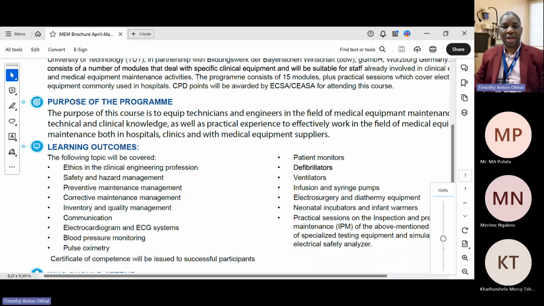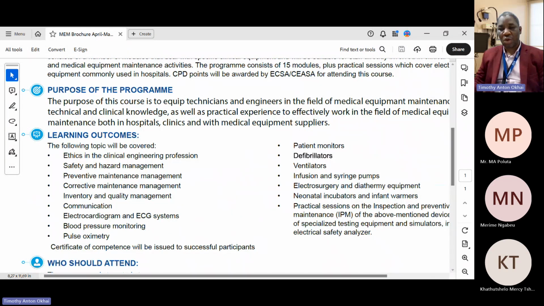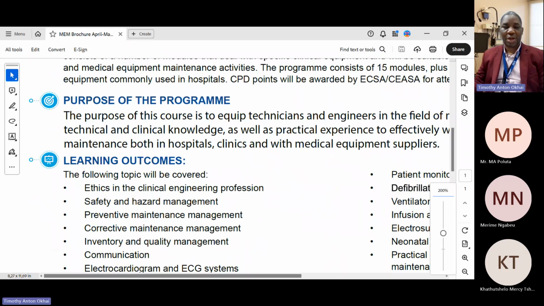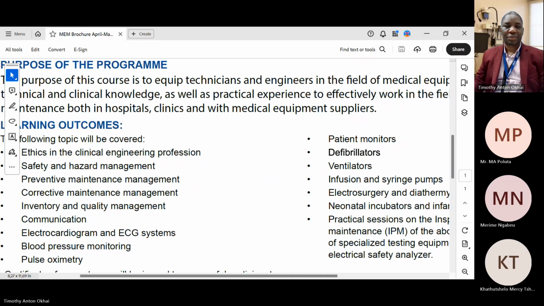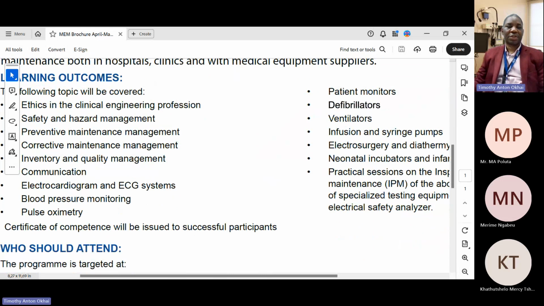We have these topics: ethics, safety and hazard management, preventive maintenance management, corrective maintenance, inventory and quality management, communication, ECG, blood pressure, pulse oximetry, etc. Then we have the practical side, where we did practicals for ECG, blood pressure monitoring, pulse oximetry, all done under patient monitoring.